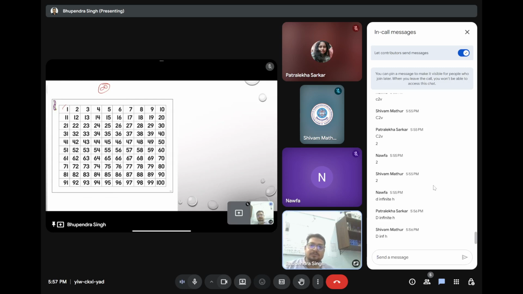Just try to remember those examples in which we have found the point group as infinite. Try to remember those molecules or objects or structures, whatever I have shown, and try to see when this infinite comes.